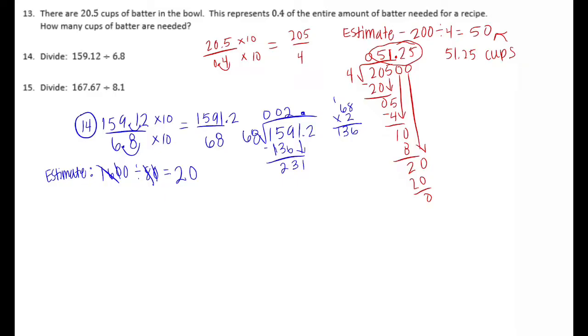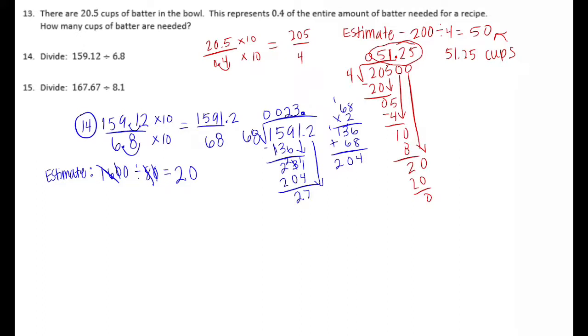Bring down the 1. 68 could go into 231. I'm going to go with 3 times. So let me just add 1 to the times 2. Get 204. So it goes in 3 times. That's 204. 11 minus 4 is 7. 2 minus 0 is 2.